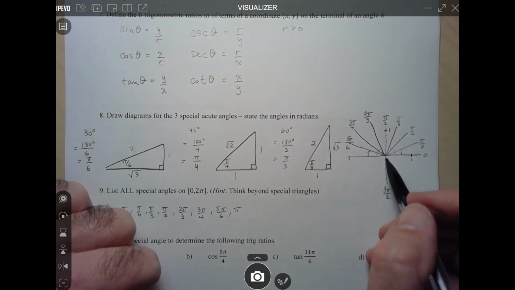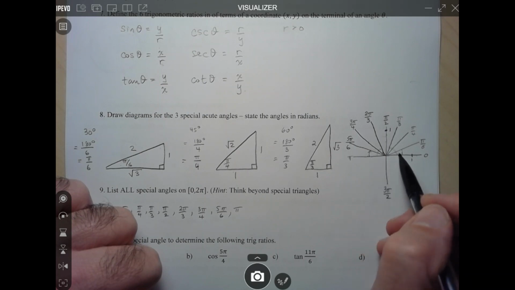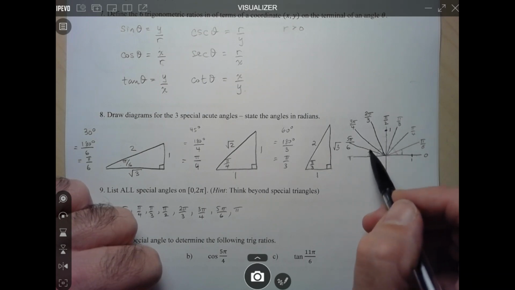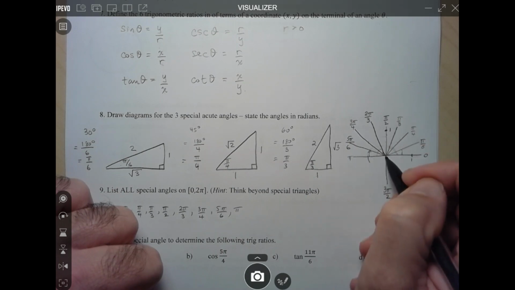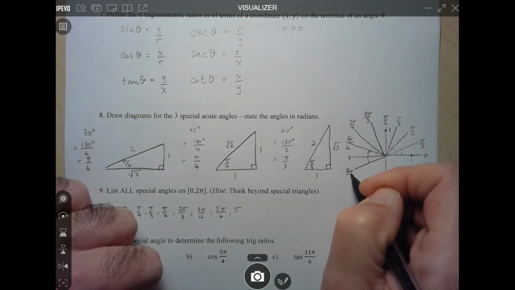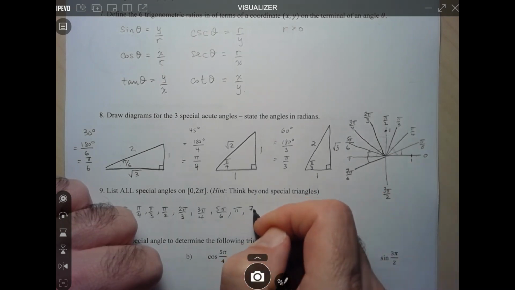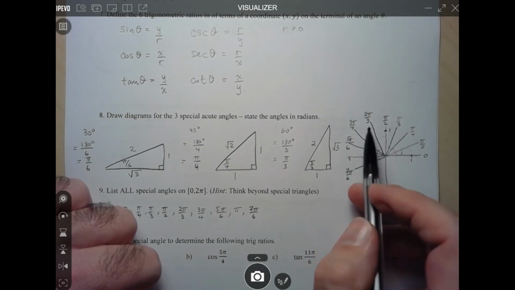So now I'm going to do similar to what I did before. This is 6 pi over 6, and now I add another pi over 6, this brings me to 7 pi over 6. That's going to be the next one. Now I want to use the pi over 4.